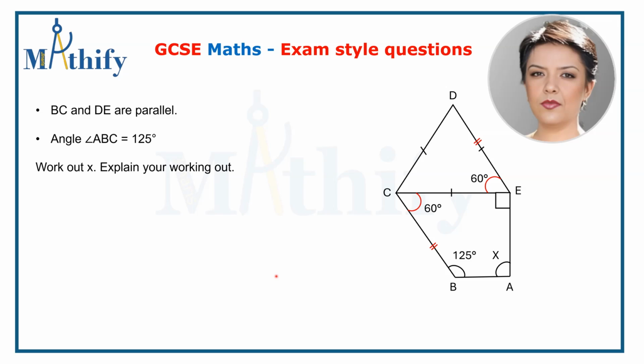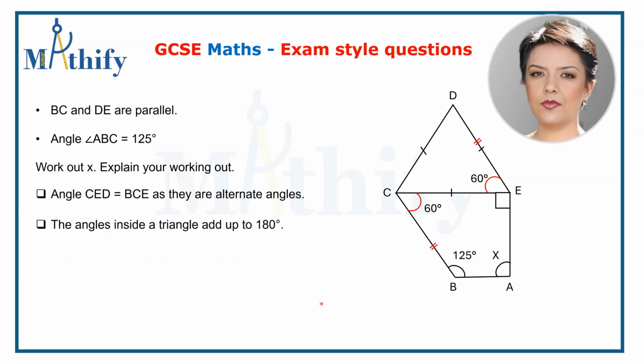So before answering this question, we need to consider some of the important facts about these two shapes altogether. So we know that angle CED is equal to the angle BCE. Notice that these two angles are equal to each other because these are alternate angles in the form of a Z shape.